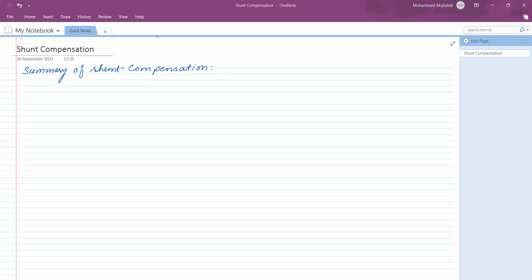we will take a simple example. Say the operating voltage is in kV, and the length of the transmission line in kilometers.